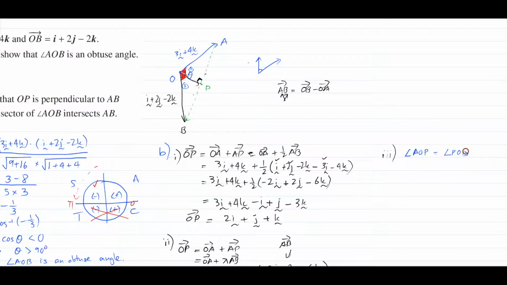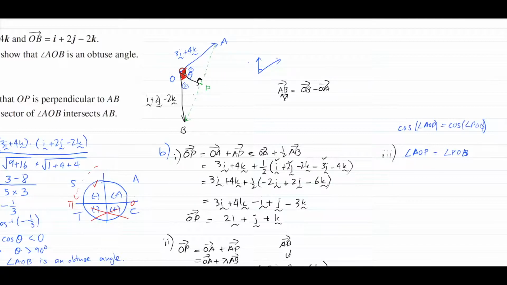Okay, now of course, once again, it's coming back to the angles. If you want to find what angle AOP is, well, cos theta equals all of that. But essentially that's saying cos of AOP is equal to cos of angle POB. And we know the formula for cos of this is the dot product once again.